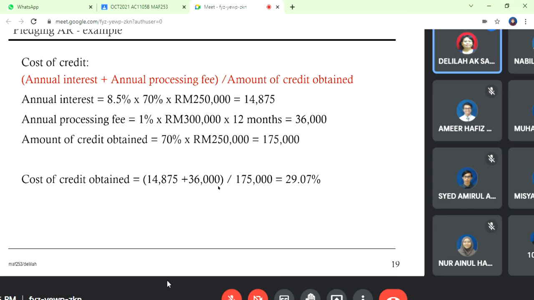Again, hopefully I calculated this correctly. It should be 29.07% as the effective cost of pledging the account receivable. Okay.